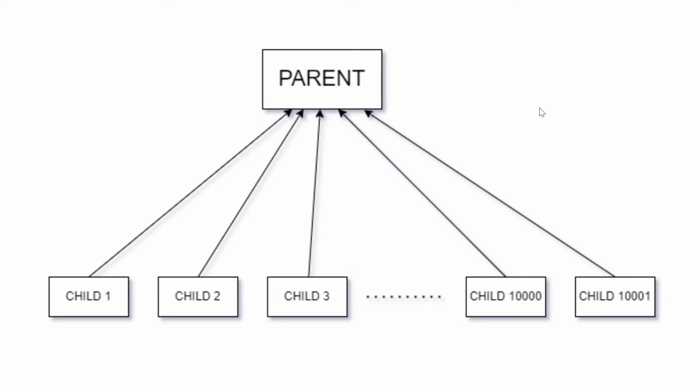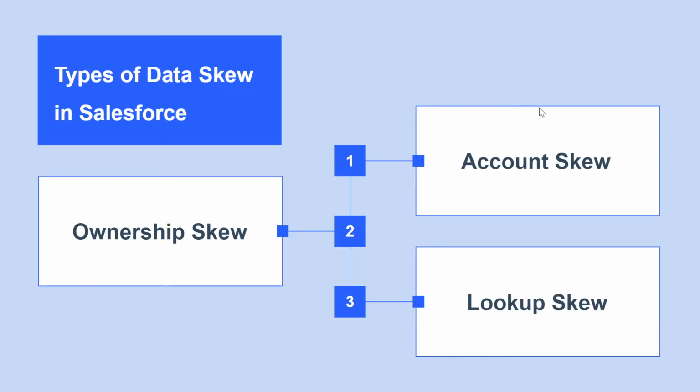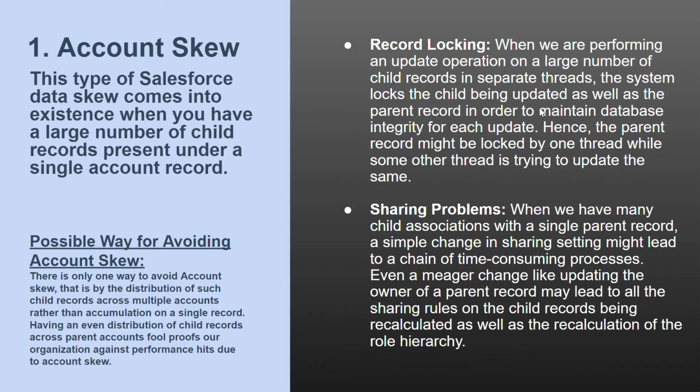So let's see what are the different types of data skew we have in Salesforce. We have three different types of data skew in Salesforce: account skew, ownership skew, and lookup skew. We will start with account skew.